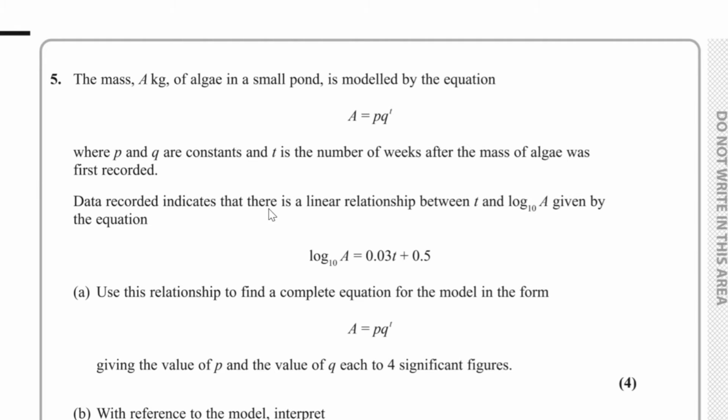Data recorded indicates that there is a linear relationship between T and log base 10 of A given by the equation log base 10 of A equals 0.03T plus 0.5. For part A, we have to use this relationship to find a complete equation for the model in the form A equals P multiplied by Q raised to the power of T, giving the value of P and the value of Q each to 4 significant figures.